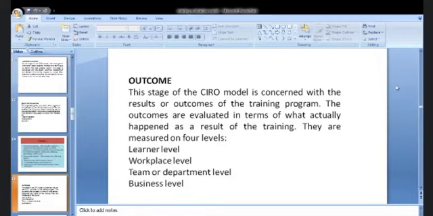So the learner level, workplace level, team level, and the business level.